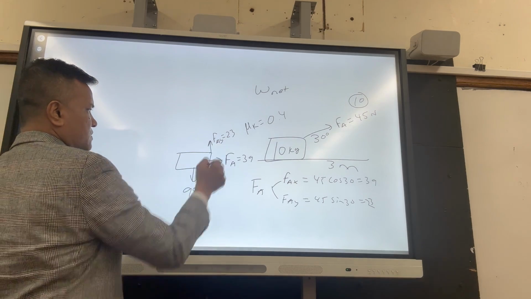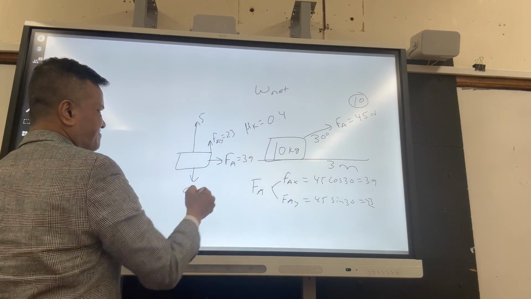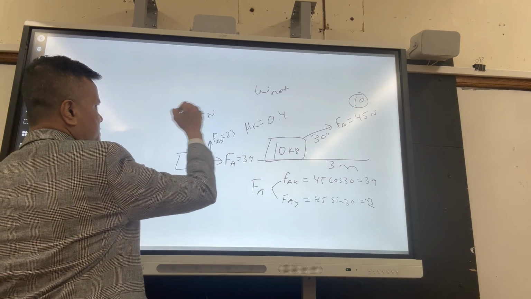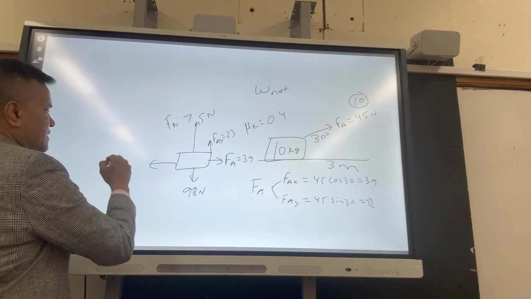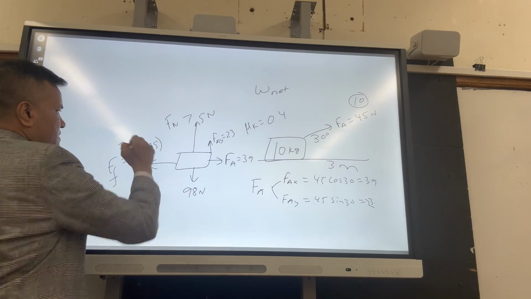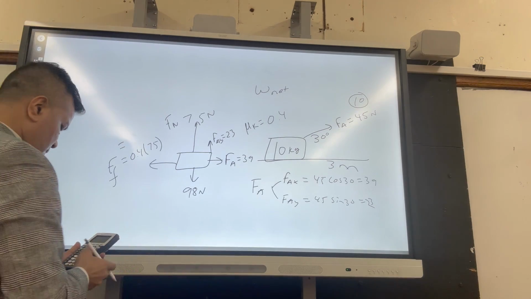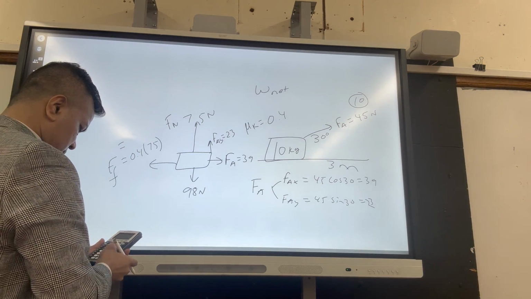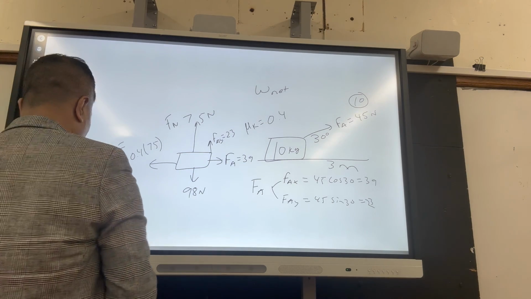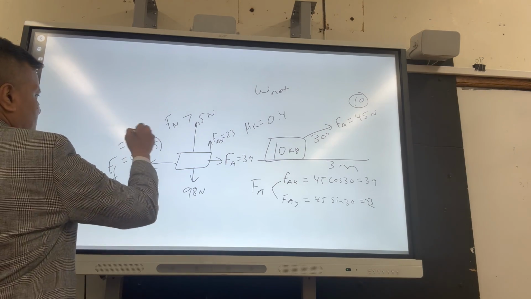So now if you do the free body diagram, 10 times 9.8, 98 Newton, this is FAx is 39, this is FAy is 23, so 98 minus 23, so this is 75 Newton, which is Fn, and this is Ff. Ff is 0.4 times 75, and that is 30. Wow, that's not a bad number. Don't expect that.